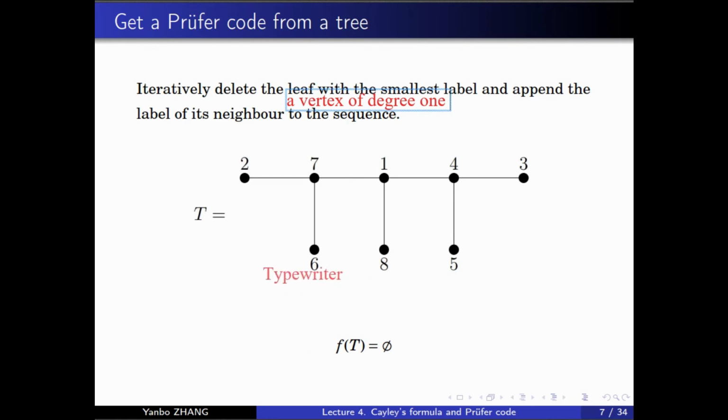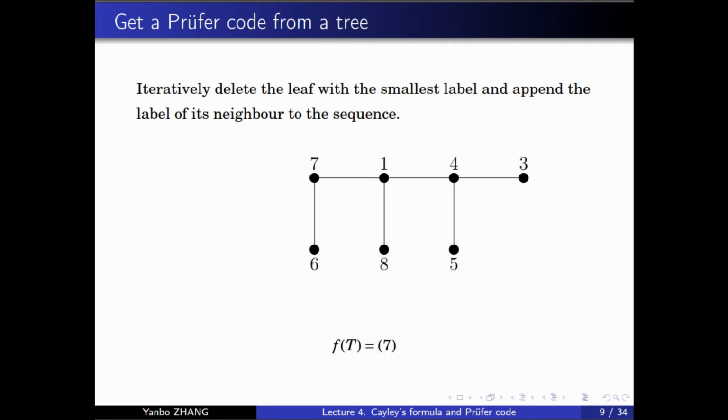So there are 5 vertices of degree 1: 2, 6, 8, 5, 3. Clearly 2 is the one with the smallest label. What you are going to do is delete 2 from the tree and add its neighbor 7 into the Prufer sequence. So we have f(T) equal to just 7 at the moment.